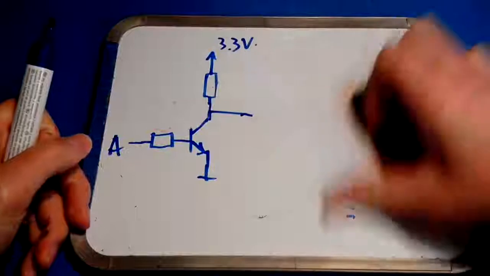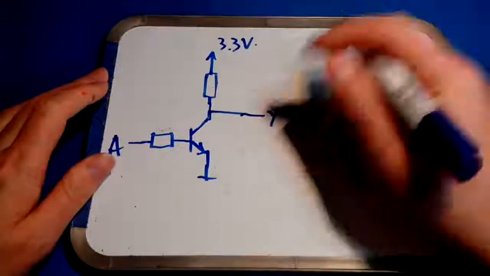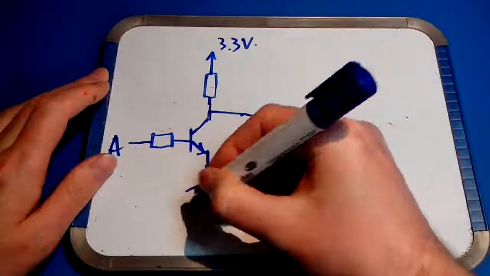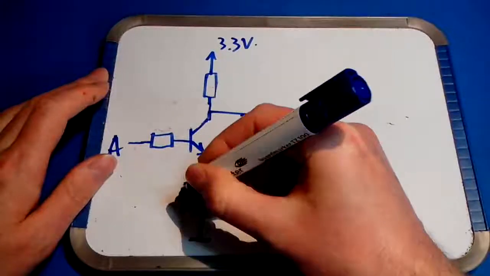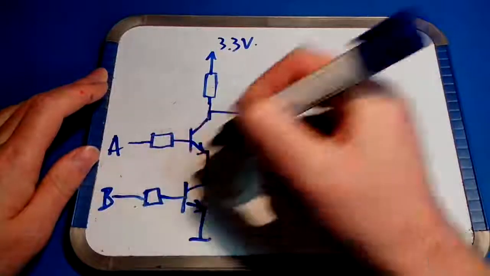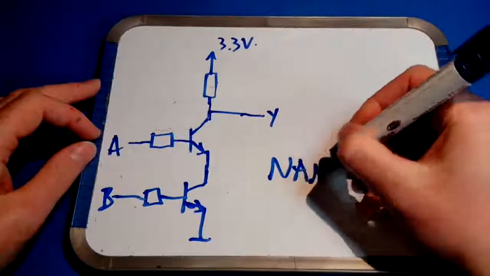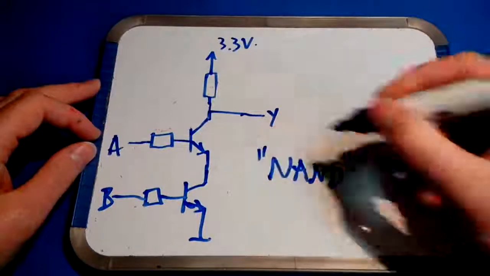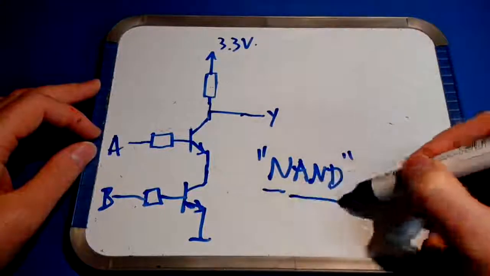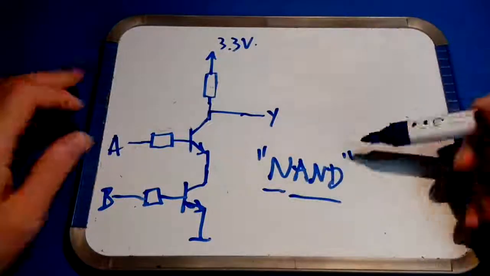Likewise, you can construct a NAND gate by doing it like that, something like that. NAND. That's not AND. So it's basically the functionality of an AND gate with an inverter behind it.